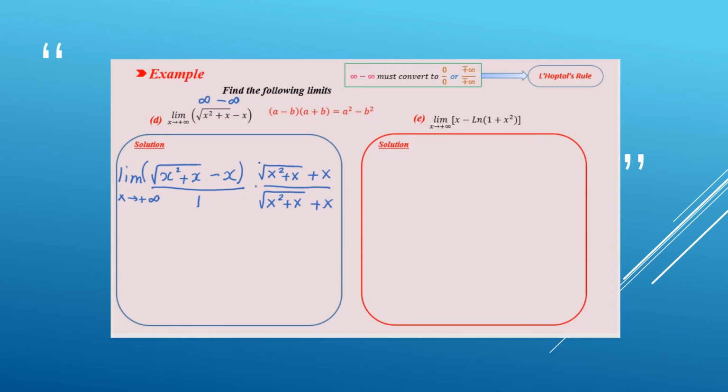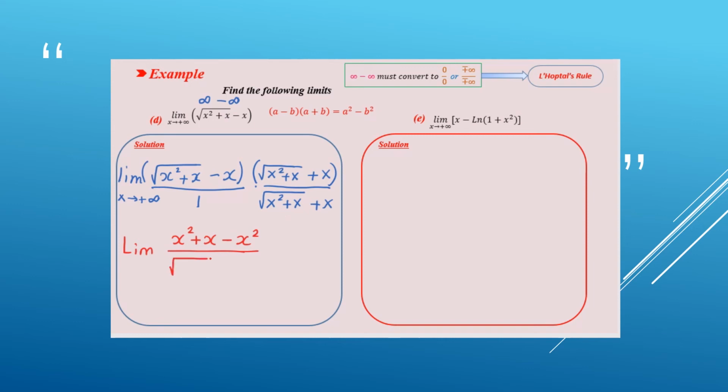So you have to multiply this expression with its conjugate, and the answer will be the first one squared minus the second one squared. So the first one squared, you have to cancel the square root. So we have limit of x squared plus x minus the second one squared, which is x squared, divided by 1 times this expression.